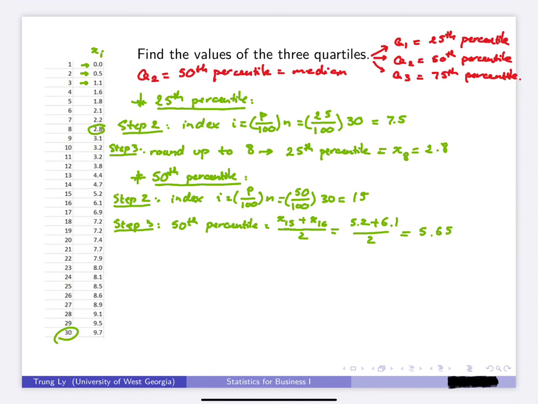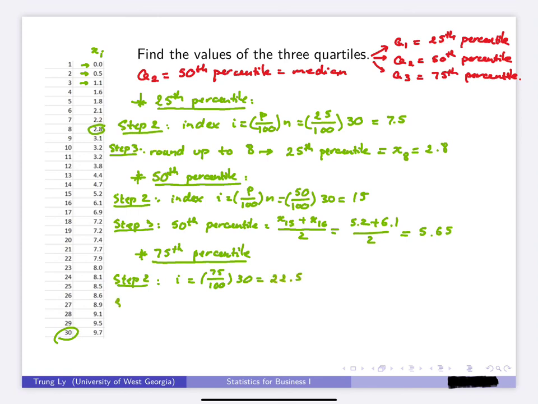Now let's apply the same procedure to find the 75th percentile. I'm gonna go through this really quick here. The index I is gonna be equal to 75 divided by 100 times 30. That gives you 22.5.